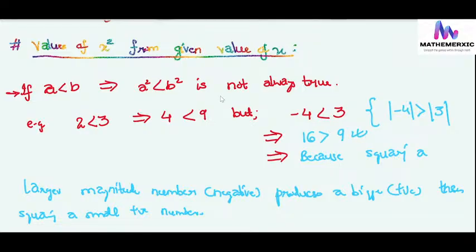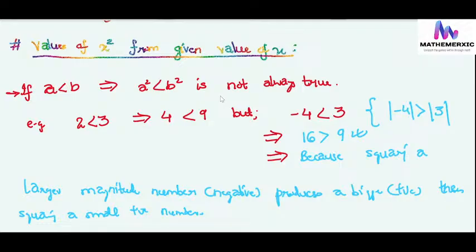Okay, x is greater than 2. Whenever x is less than 2, x square is greater than or equal to 0.